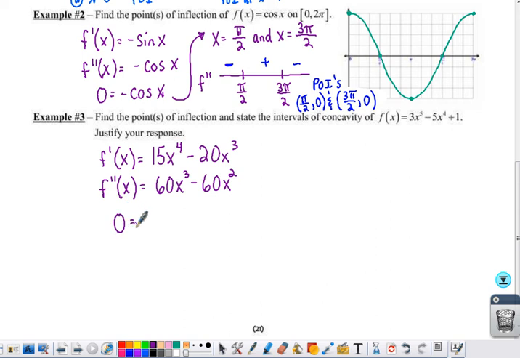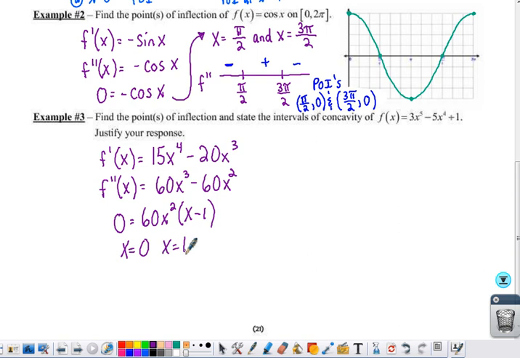And we need to solve for x. So when we're solving this type of equation, we need to factor. And once you have that factored, set both of those factors equal to 0, and you can find that x equals 0 and x equals 1 are possible points of inflection.